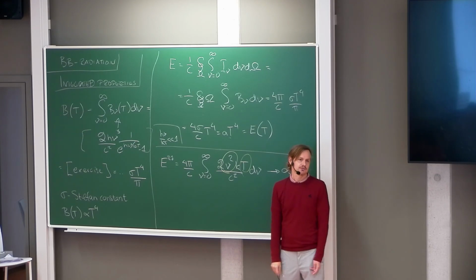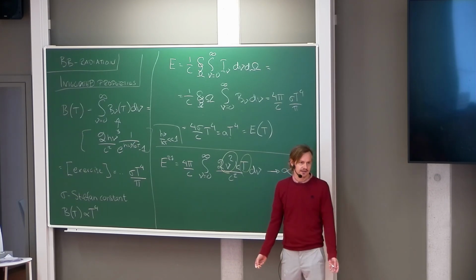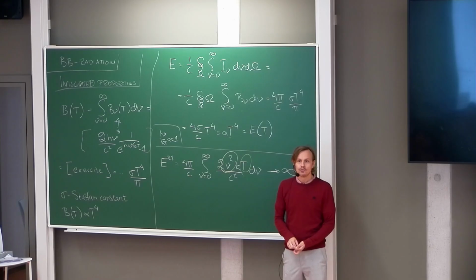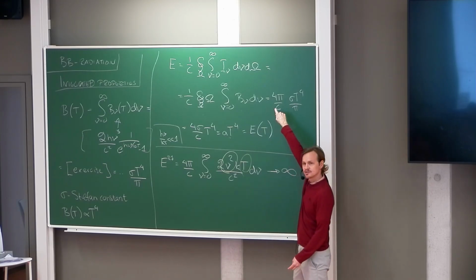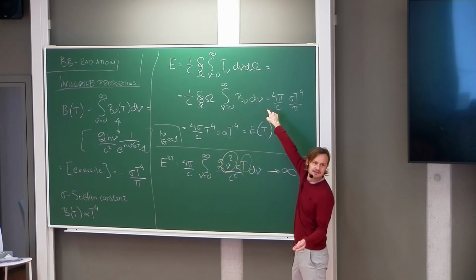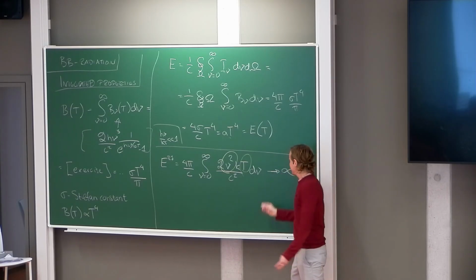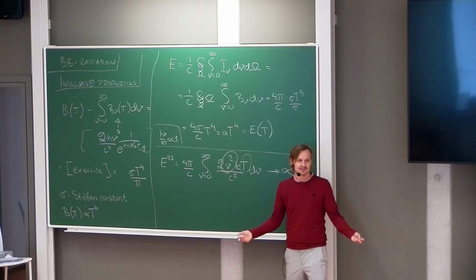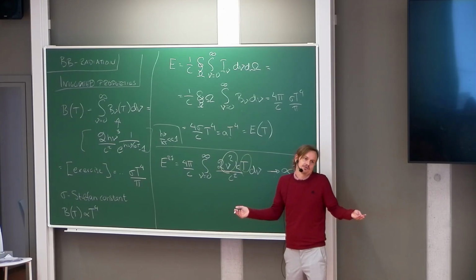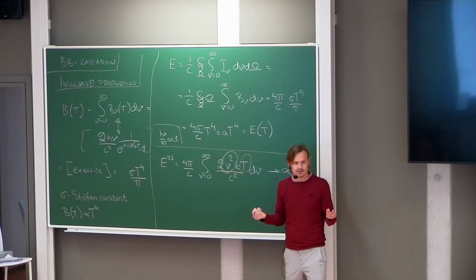And this was why it was called the ultraviolet catastrophe. It was already known that there needs to be some sort of cutoff at high frequencies, which we discussed in the previous class, because otherwise the energy density of any given black body radiator would be infinite, which is of course absurd. So people knew there was something wrong.